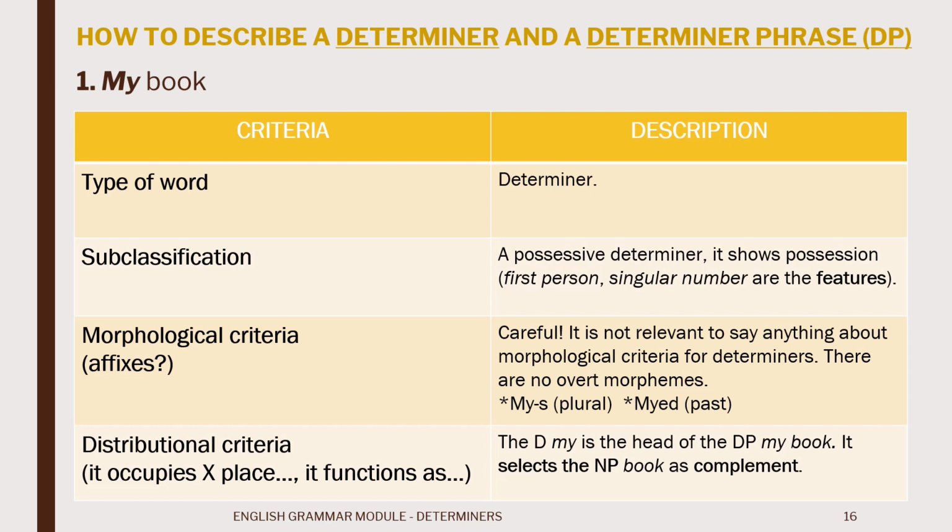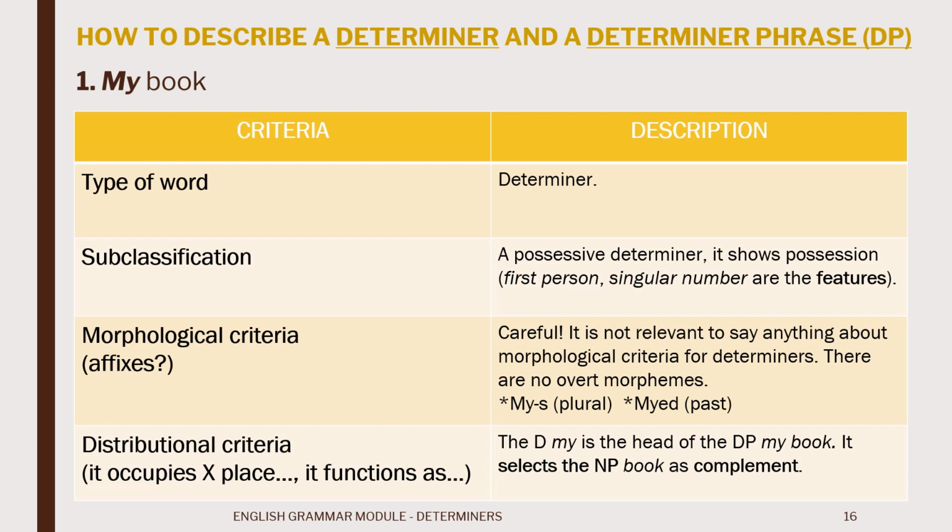Okay, those are the features. That is the type of grammatical information that possessive determiners may carry, person and number. And in this case, as we have the determiner my, the grammatical information or the features that this word has are first person, singular number.